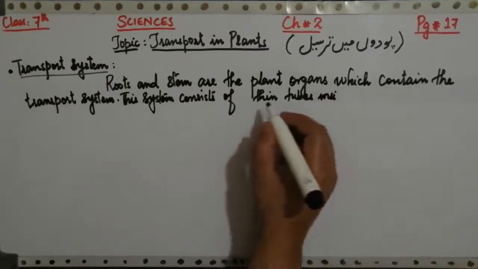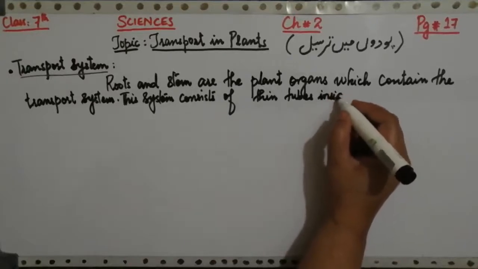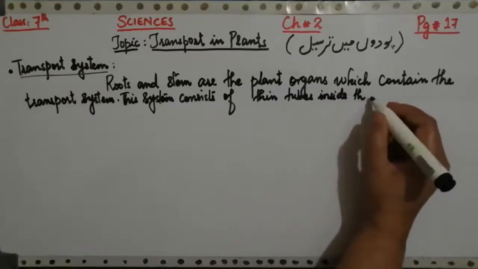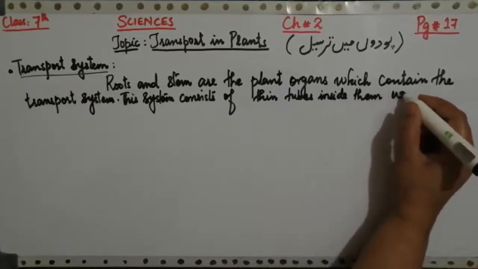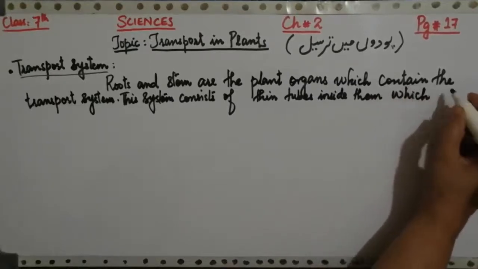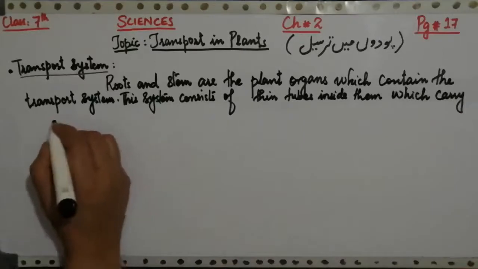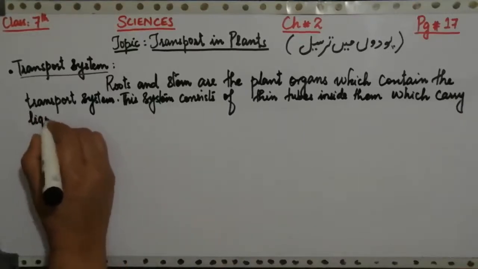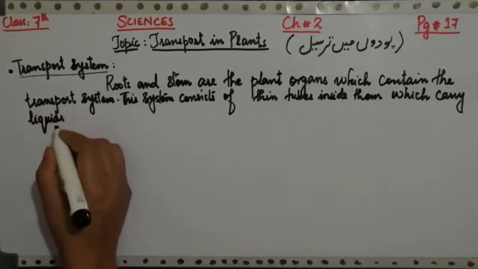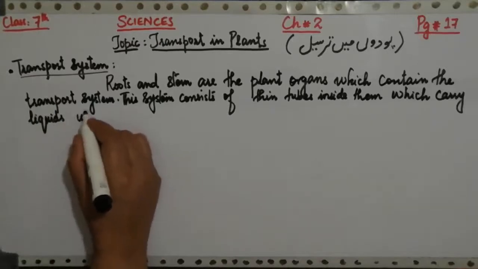This system consists of thin tubes inside them which carry or transport, you can also write, liquids, that is the substances in the form of liquids, up and down.